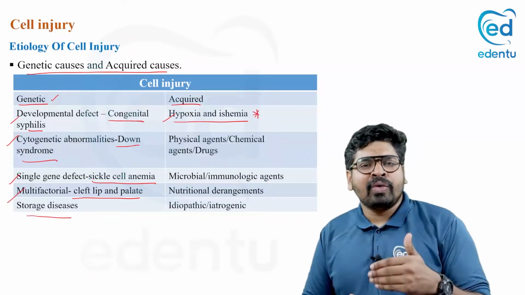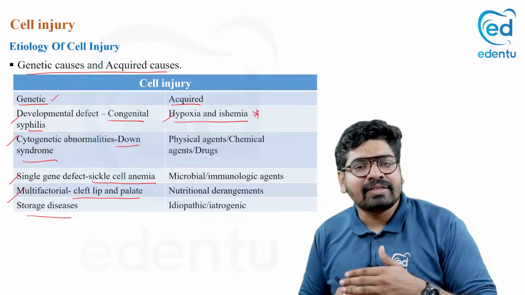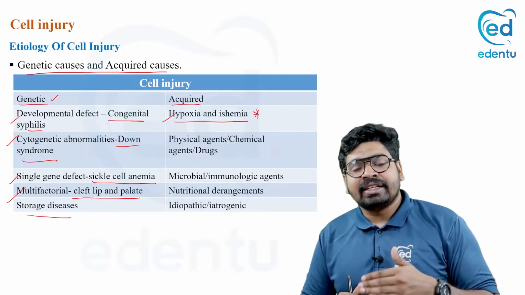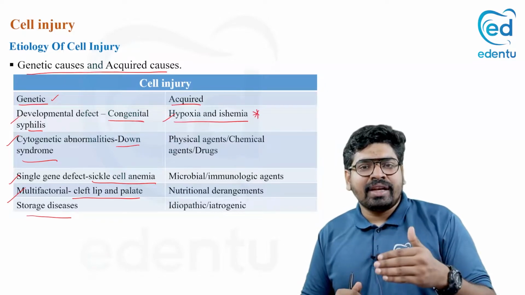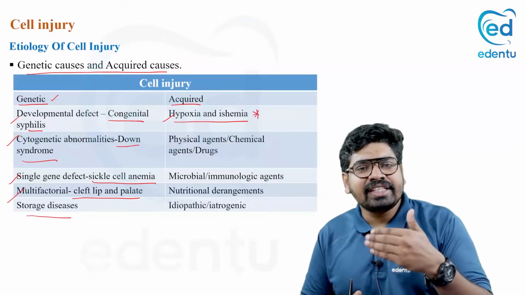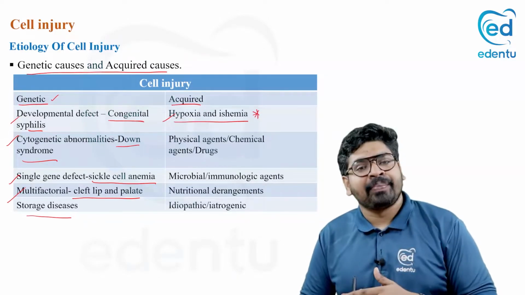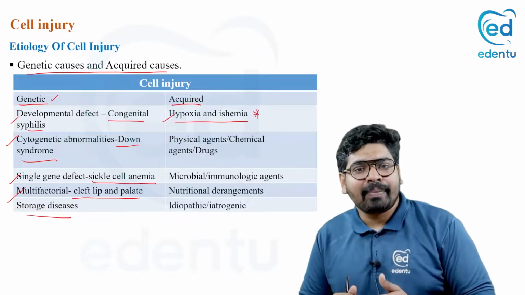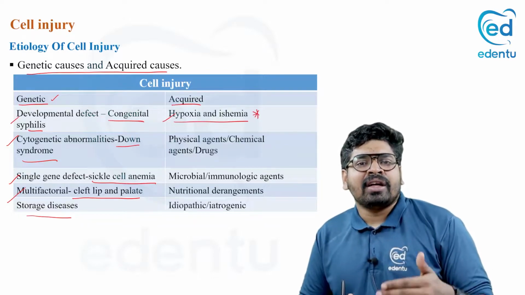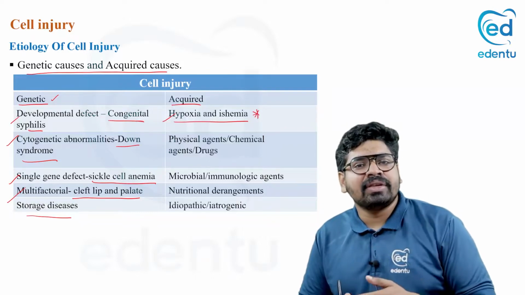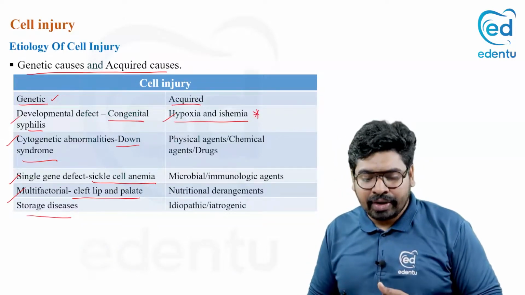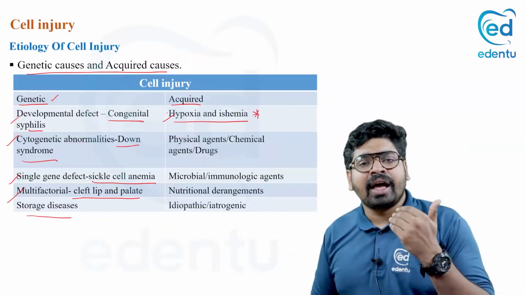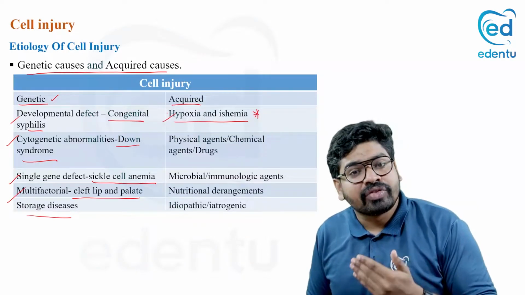If the oxygenation or the blood supply is lost, then the cell becomes injured; the cell gets ischemic. After a certain time the cell has irreversible cell injury or cell death can occur. So the main cause is hypoxia and ischemia.